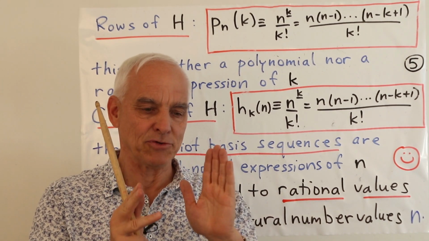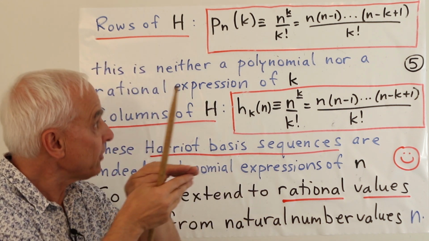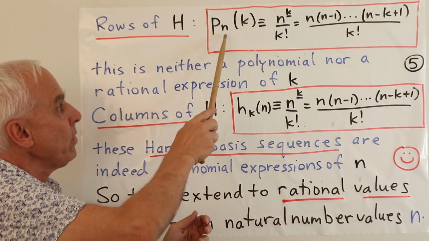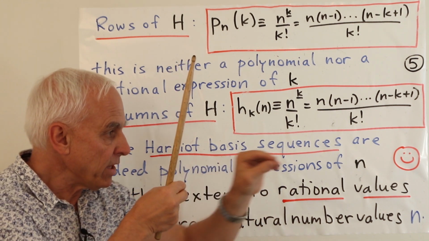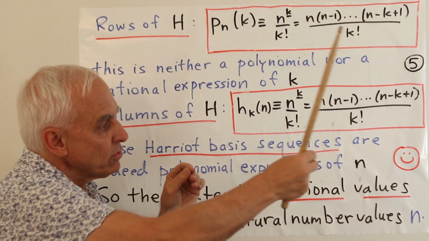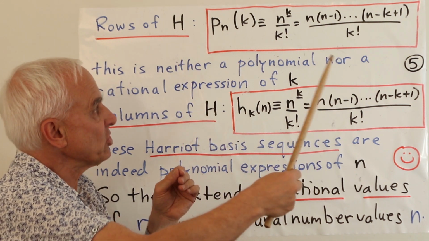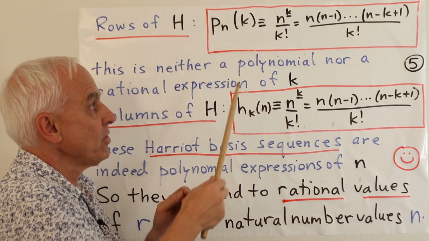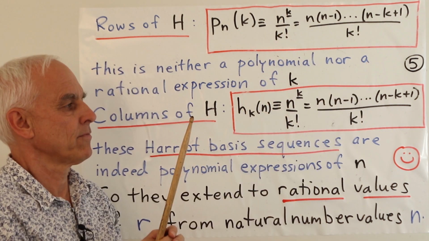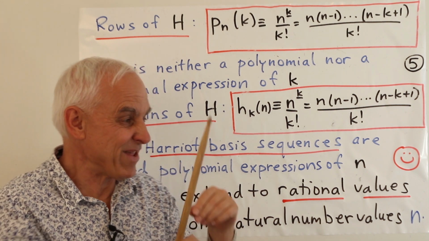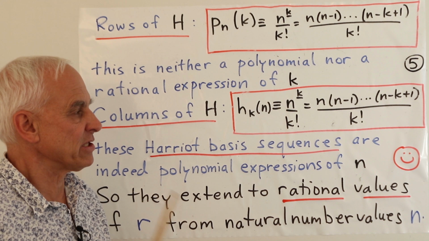Now let's have a look at these entries from the point of view first of the rows and then of the columns. So if we're looking at the rows, then we would choose an n, that's a row position. And then we get a row whose values are indexed by k. So we get the function Pn of k, which is n to the k falling over k factorial. Here it is again. Now, as a function of k, this is neither a polynomial nor a rational expression in k.